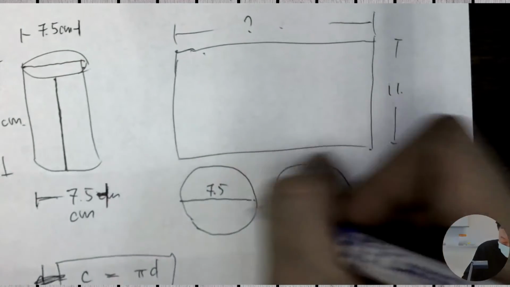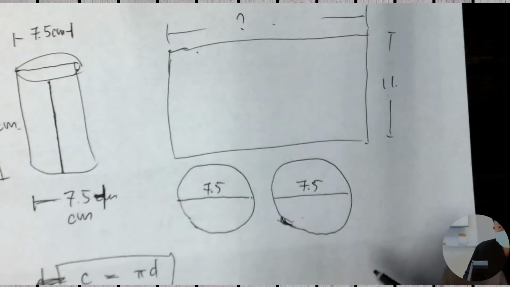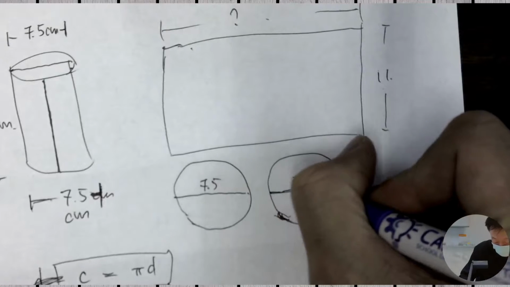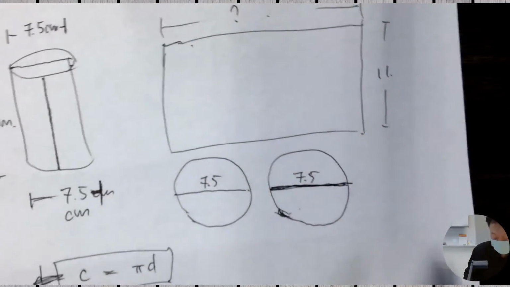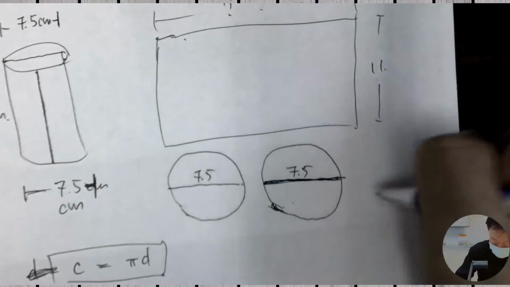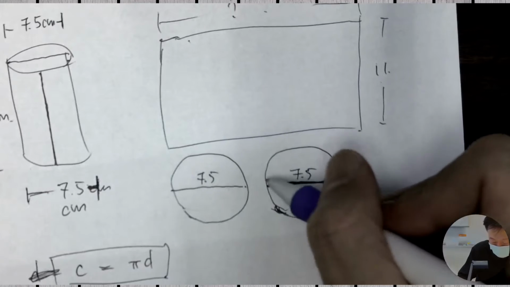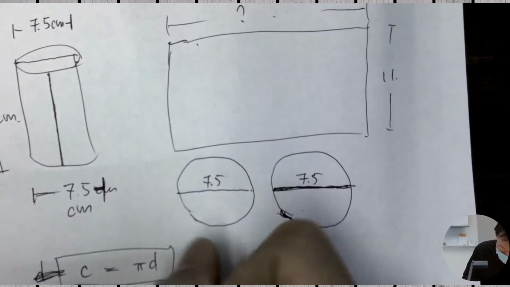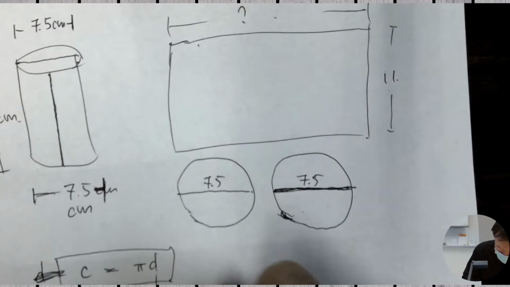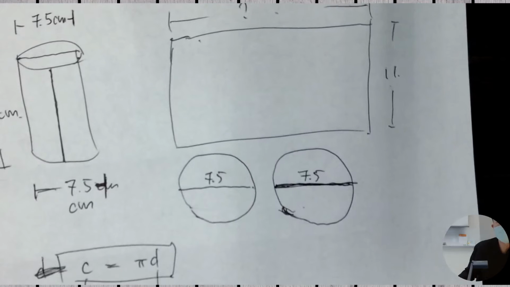Yeah? So this is basically saying that if you have the diameter, roughly 3 times the diameter is going to be the circumference, right? So if that is 7.5, it's going to be roughly how much?